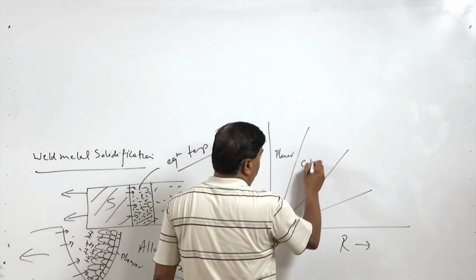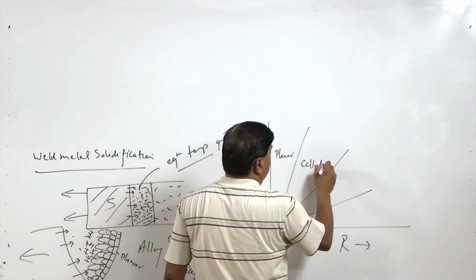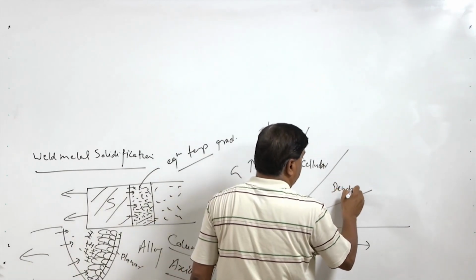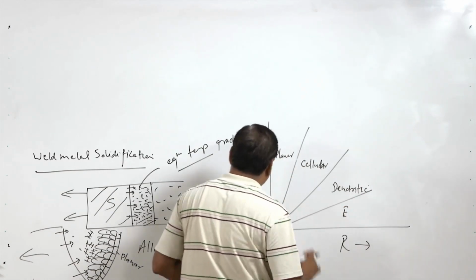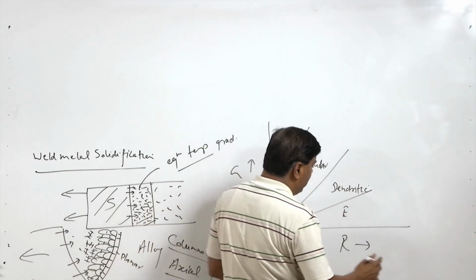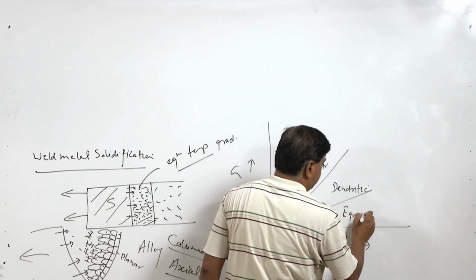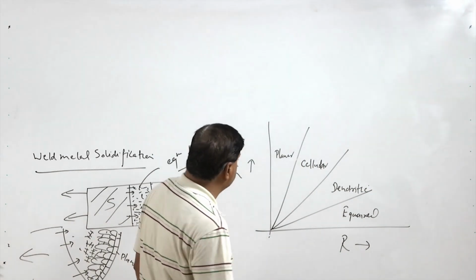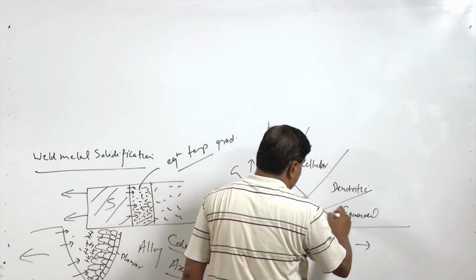For somewhat lower G and higher R, we have cellular, then dendritic, and finally for low G and higher R, we have equiaxed grain structure.